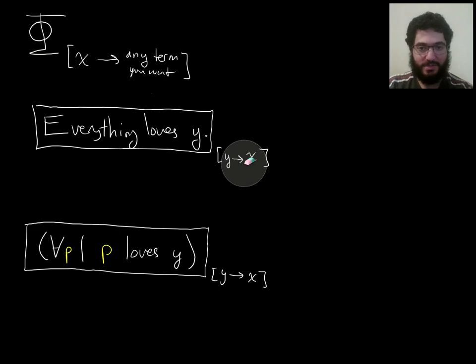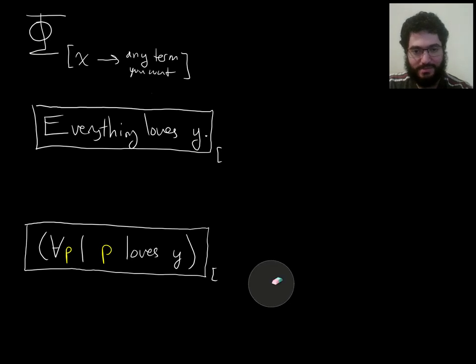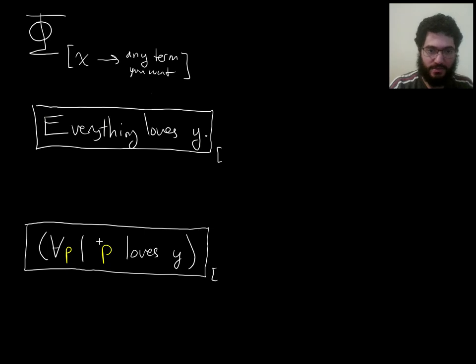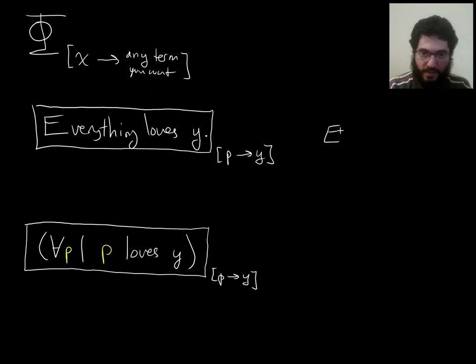Right, so I also want to show you that if you replace the quantified variable by something else, you can also lead to weird mismatches there. So now what's quantified there is p. So if I replace p by y, say, then over here, this should just remain everything loves y, right?